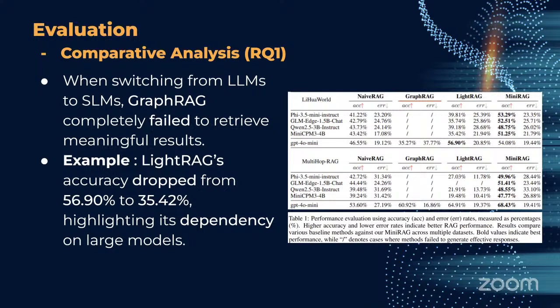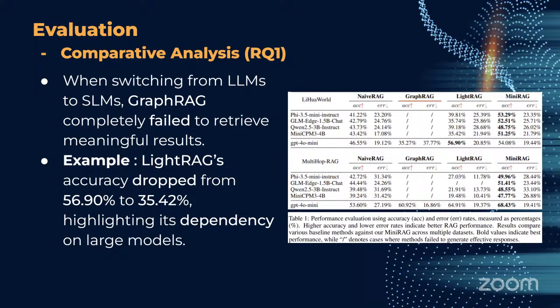Talking about the numbers from the chart, for the LiHua-World dataset, which is the chat-based dataset, as you can see, MiniRAG with GPT-4 Mini performed the best. It had 54% accuracy and only a 19.44% error rate. But when we change to a smaller model, LightRAG dropped from 56% to just 35% accuracy.